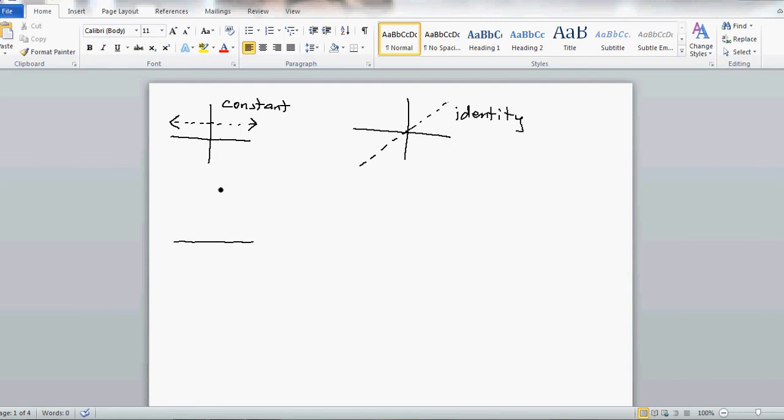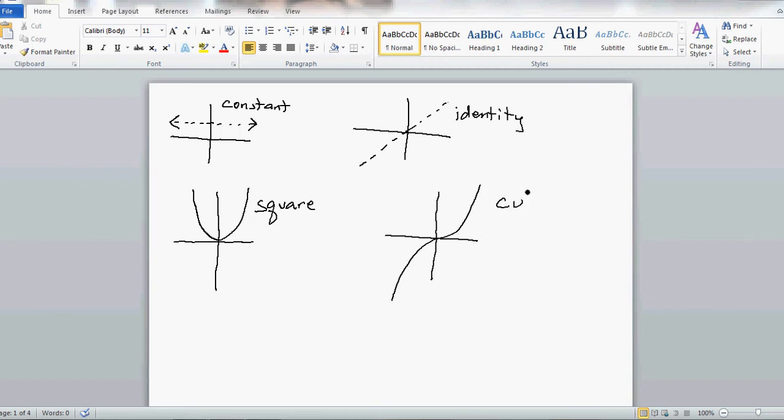Then we get the square function. Square functions are the parabolas that you are all accustomed to. And so we get something that looks like this. This is a square function, which basically means we will have x squared in the equation. And we can do cube functions, which look roughly like this.